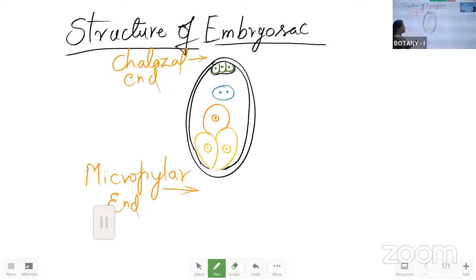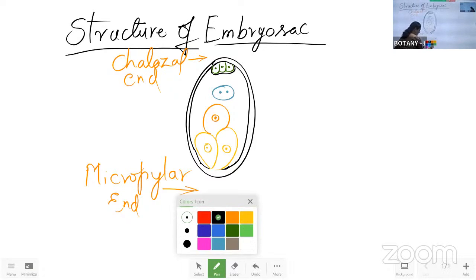Like this, if we draw the diagram, then clearly we can give the labeling. And if we remember the labeling and the diagram, we can explain the structure of the embryo sac very easily. It's very easy. So the diagram we should know first, so that we can give the labeling and the other respective parts.